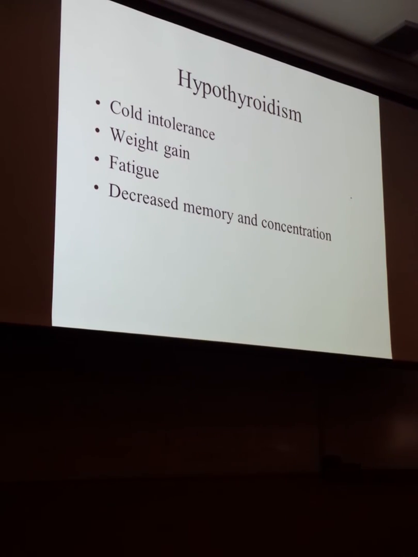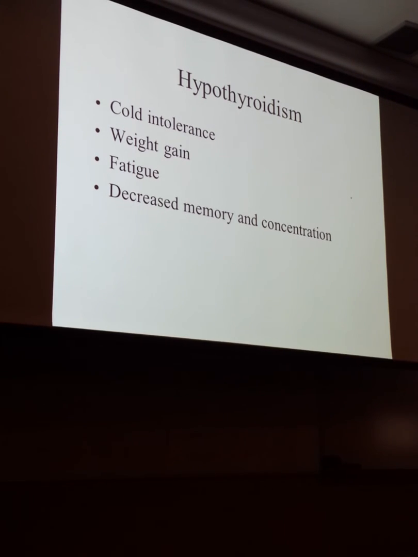What causes hypothyroidism? Okay, well, it turns out that the thyroid gland is producing thyroxine, T3 and T4, two very similar hormones that have similar activity. And so it turns out that the actual hormone itself is a very heavily iodinated peptide.